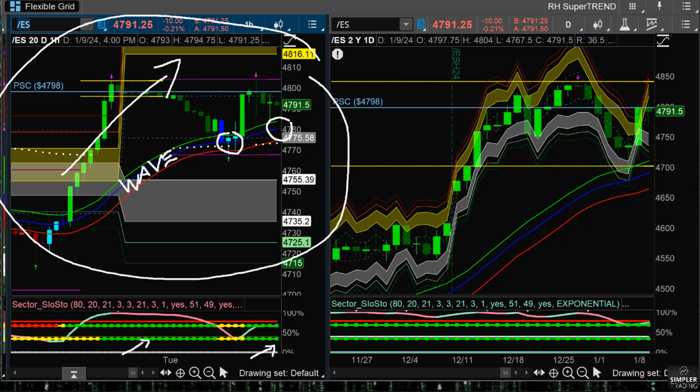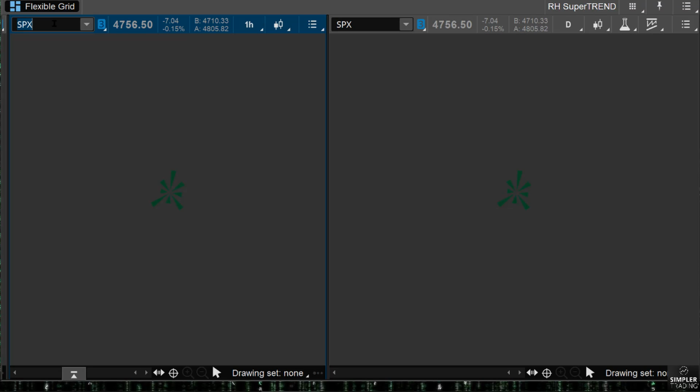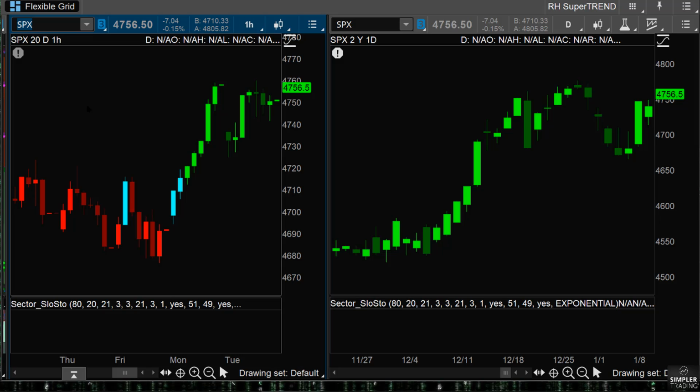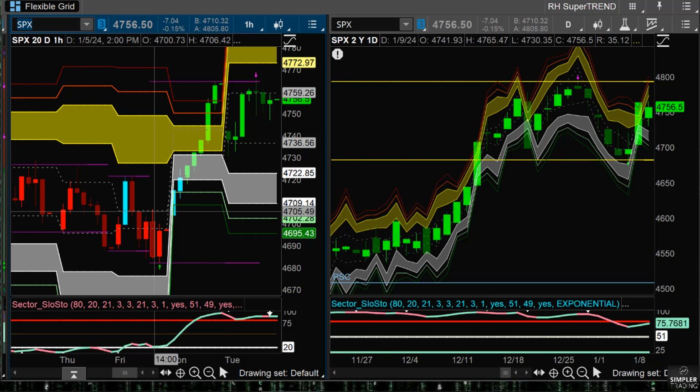It's a mean reversion. So this means if ES is valid for buy the dip, so is SPX. You might say, well, Rog, how do we do that? Pull up SPX, and SPX doesn't have to be in the wave for this to be valid. If the ES is in the wave, great. That's enough for the SPX.